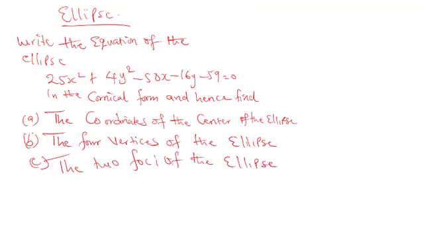Now I want us to continue in solving this question. Solution. Remember, the equation that was given to us is 25x squared plus 4y squared minus 50x minus 16y minus 59 equals 0.